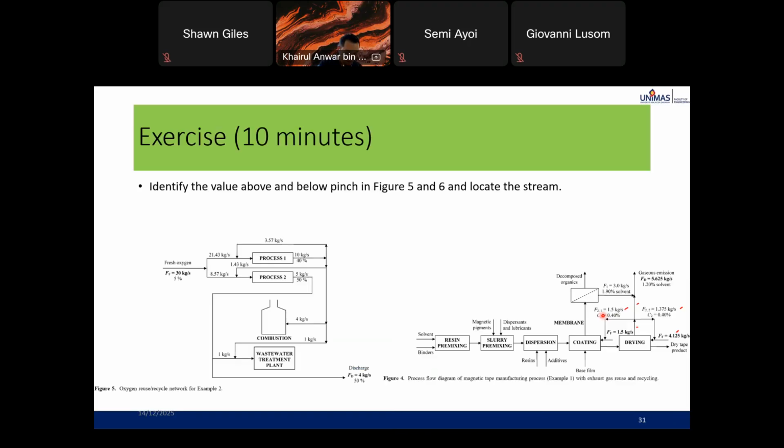So, the nitrogen integration value above and below the pinch is FC at 75, 0.125, 65.